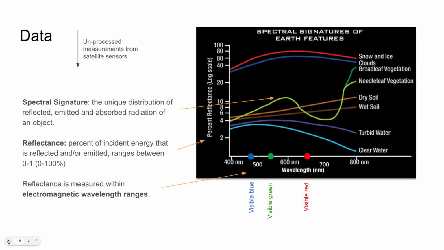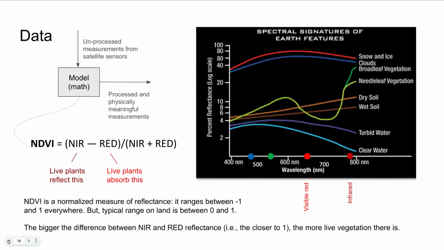And then you measure this reflectance at different points in the wavelength. You can measure reflectance at the wavelength of visible red, and at the visible wavelengths of green and blue. I'm not going to have time again to do this justice, but this is what these unprocessed measurements from satellite sensors are: reflectance from the Earth's surface along different wavelengths.